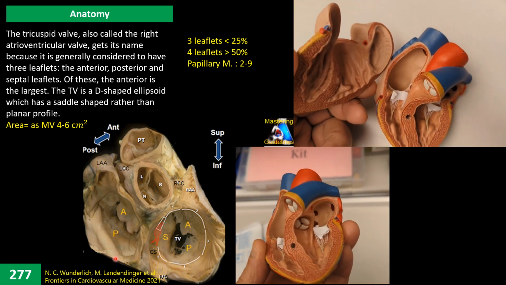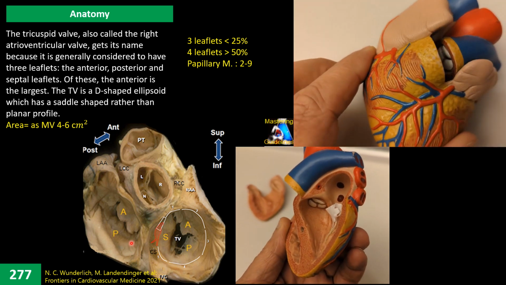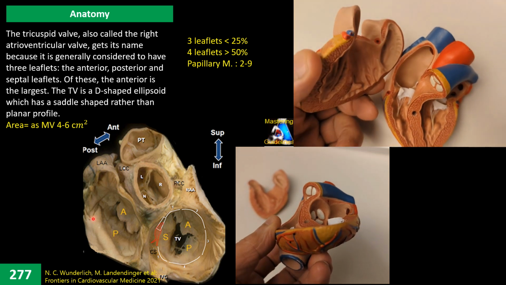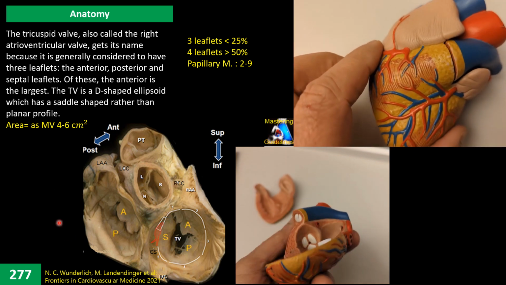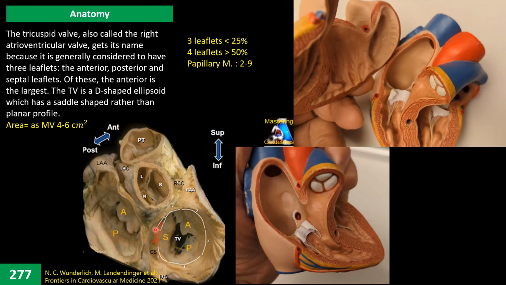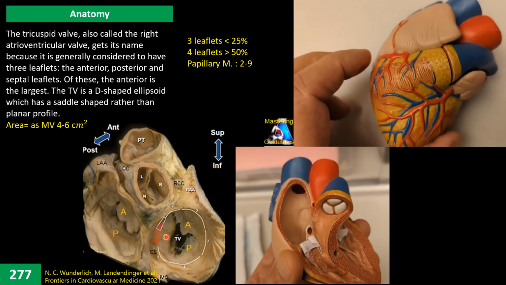The right coronary sinus, you can see, drains above the septal leaflet. And as you can see here, the ring of the tricuspid and the ring of the mitral valve are not in the same plane. They are at different levels, almost 90 degrees perpendicular to each other.